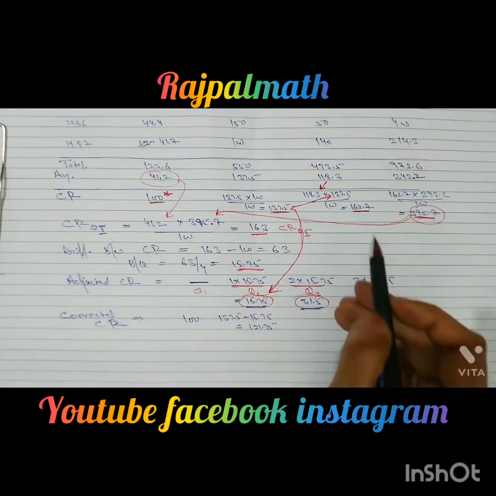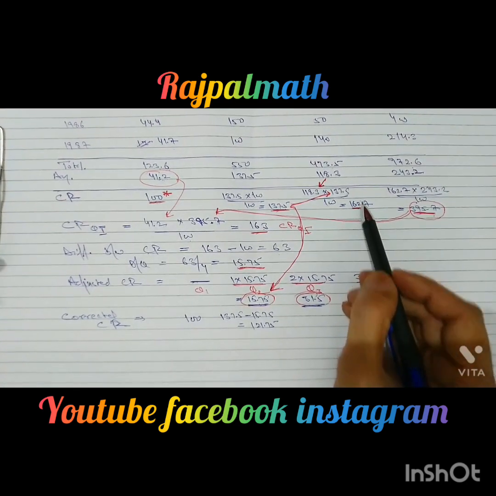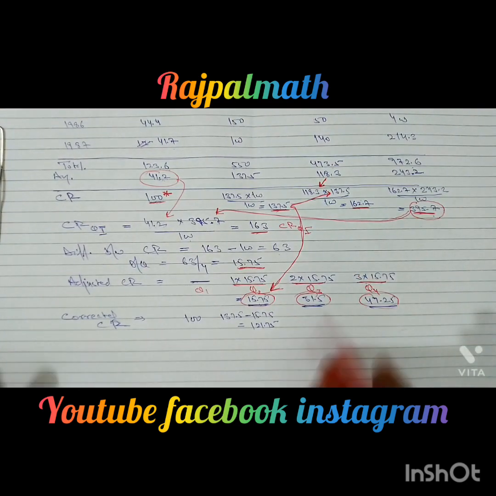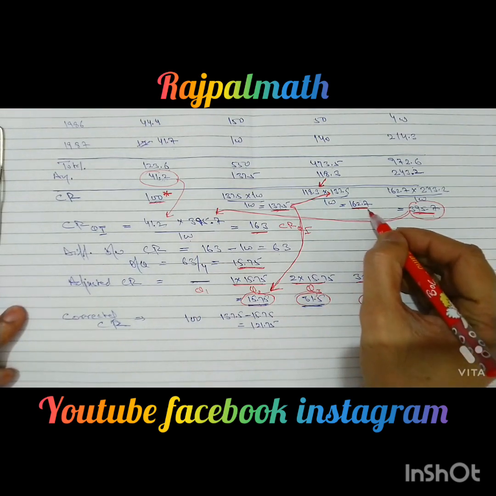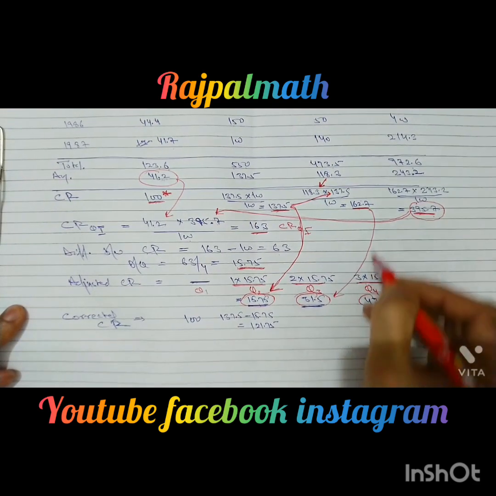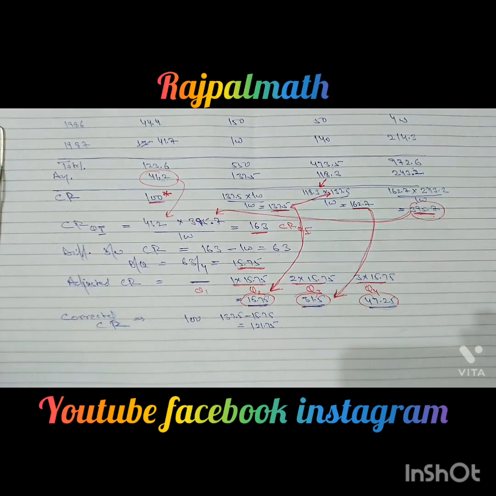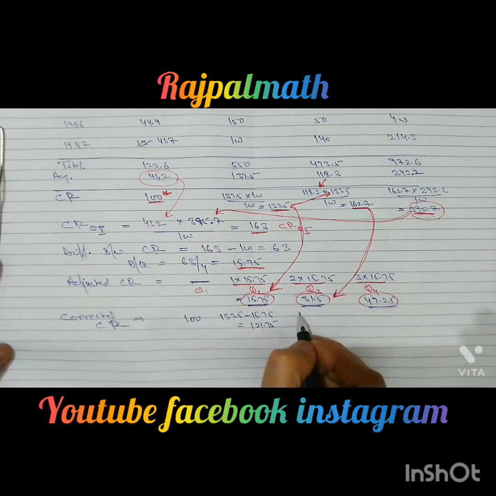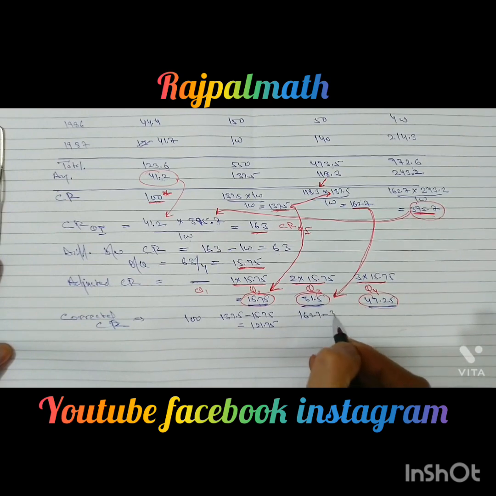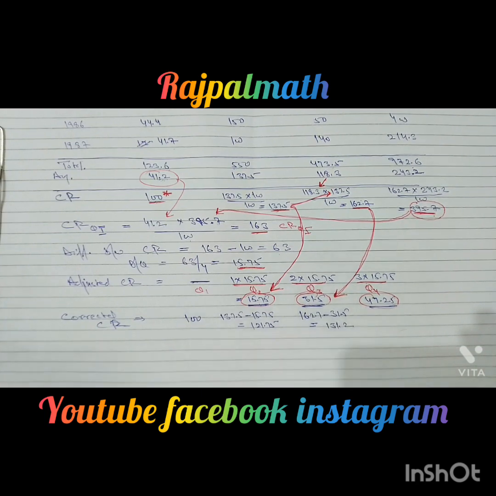And for the next, the CR value for the third quarter is 162.7 minus 31.5, which comes out to be 131.2.